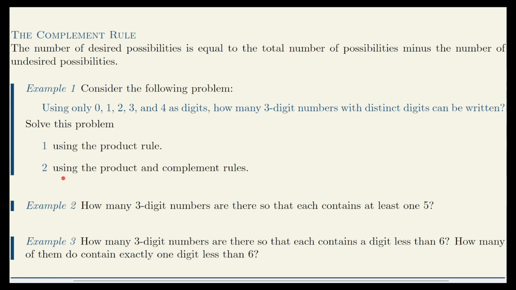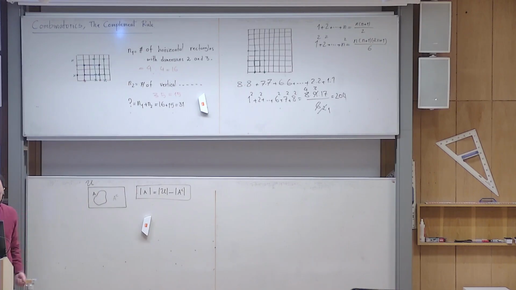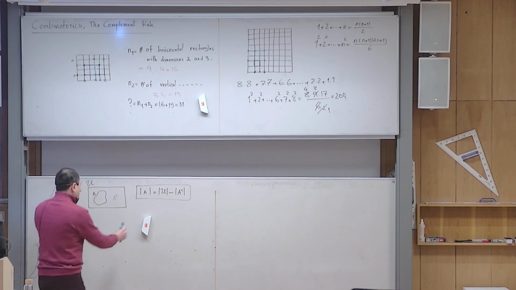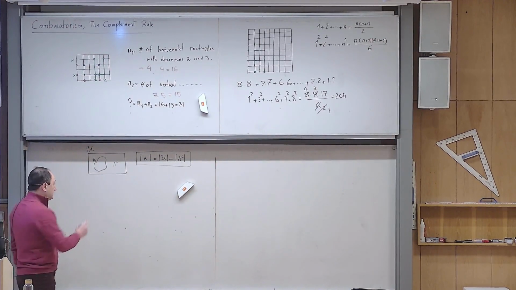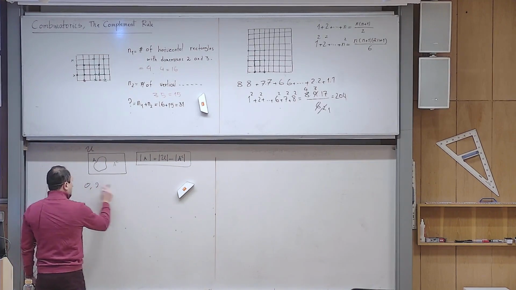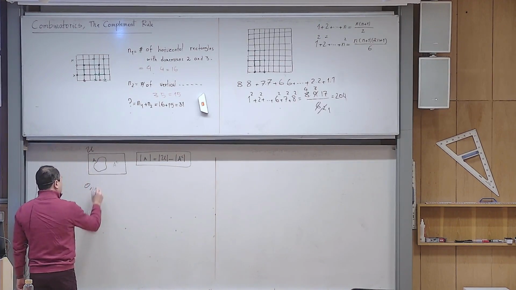Okay, so let us solve this problem. The digits are 0, 1, 2, 3, 4, and I want to write a 3-digit number with distinct digits. So you can help me to solve it. How should I solve that? So the digits that I have are 0, 1, 2, 3, 4.